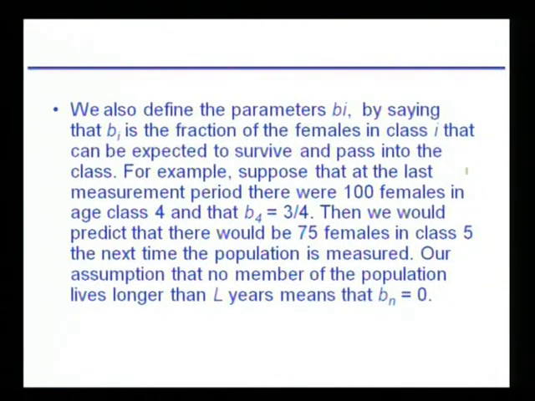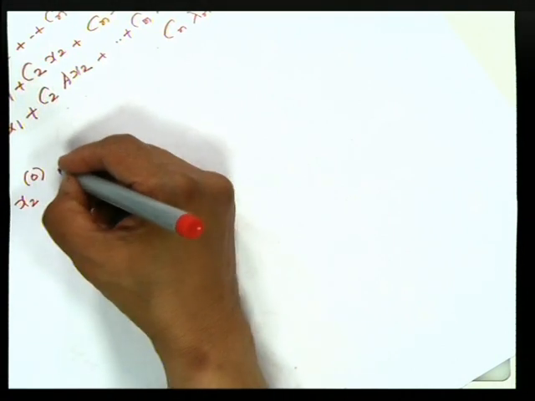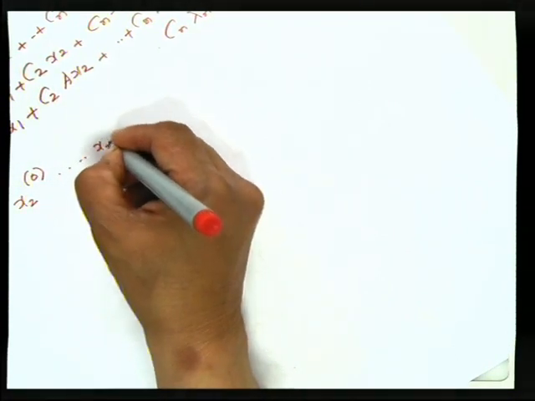Now let us see how to construct this matrix. Let us start by supposing initially there are n classes, and in the first class there are x10 people. In the second class, the number is x20, in the third class x30, and in the last class xn0.